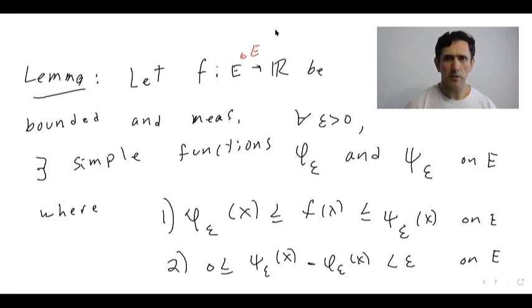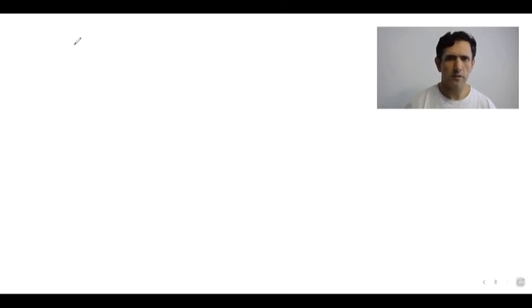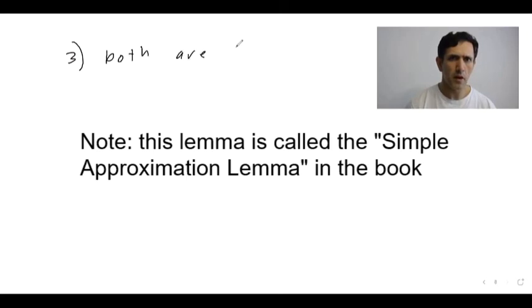I don't think there's any confusion, but in case there is. And last but not least, both are bigger or equal to 0, they're non-negative on E if f is non-negative on E.